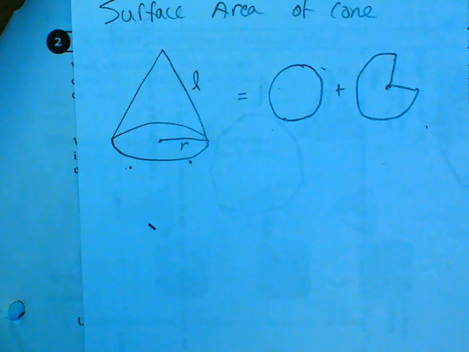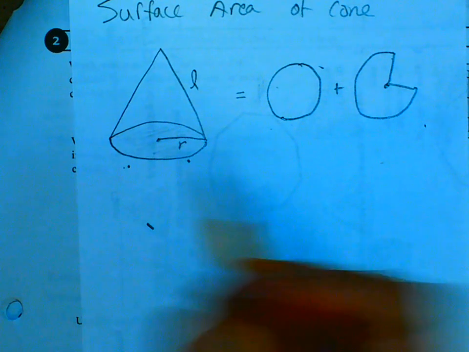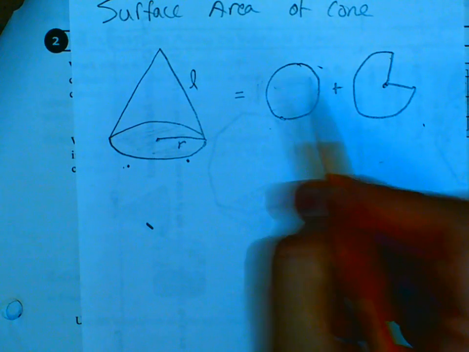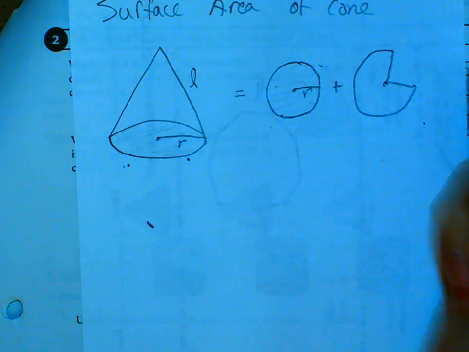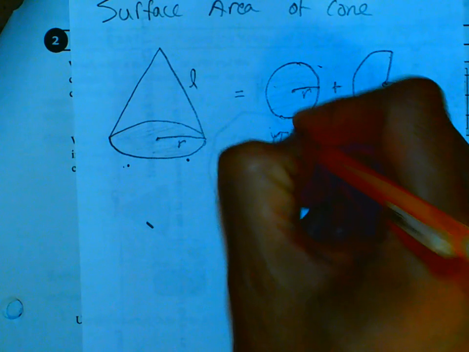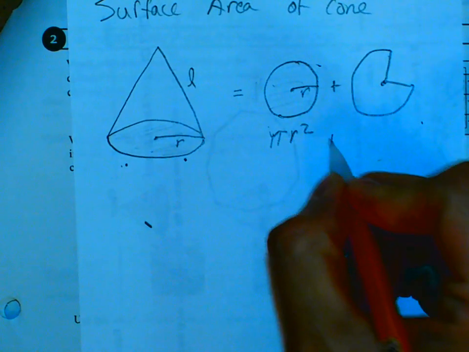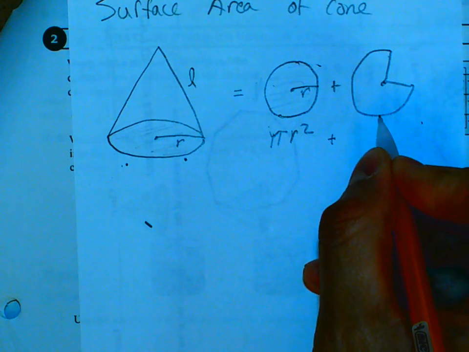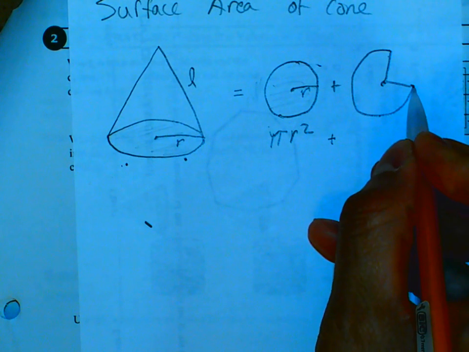Now, how can we see that? This bottom part right here is this circle right there. We already know that it has a radius of r, and the area of that circle is pi r squared. Now we need to find out what the area of part of this circle is going to be. The radius from here to here is not going to be r.